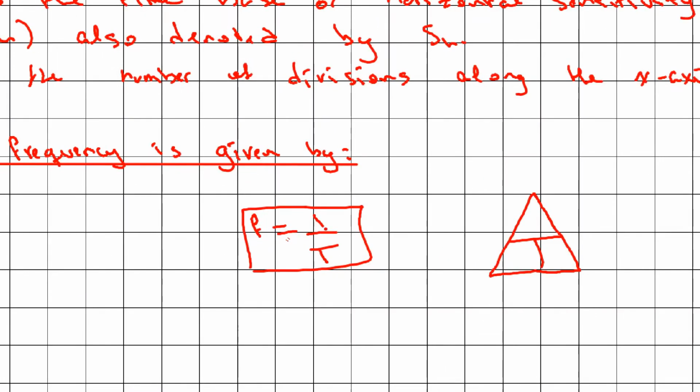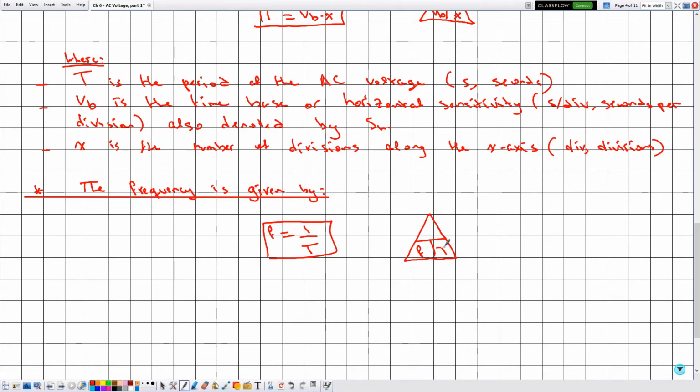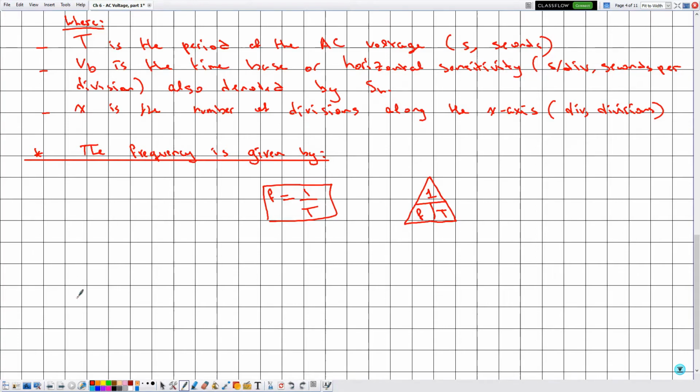So here, because we have a division, the frequency will be here, the period here, and this is 1. And let me say where f is the frequency of the AC voltage, and the SI unit of the frequency is given by Hz, which stands for Hertz.